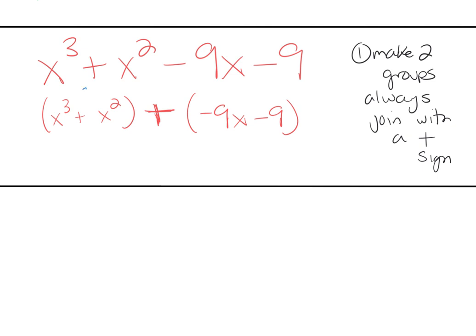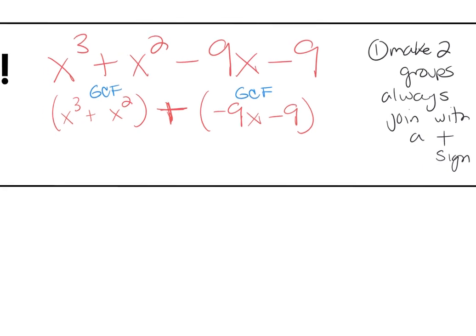Each group needs a greatest common factor. In my first group, I've got x cubed plus x squared. What would the greatest common factor of that be? X squared, very good. X squared comes out in front. That's the greatest common factor.